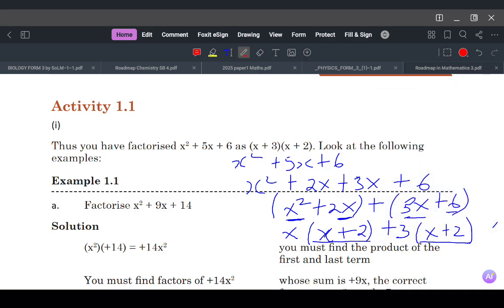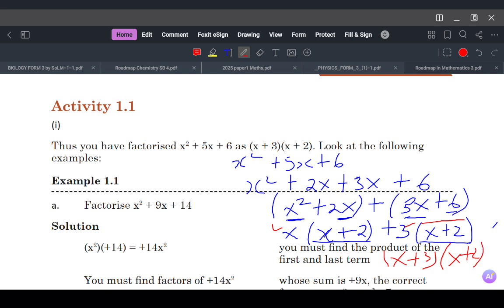So you write your expression now. The terms that are outside will form their own bracket, so you have x plus 3, and one of the identical brackets will also come down here, so you have x plus 2.